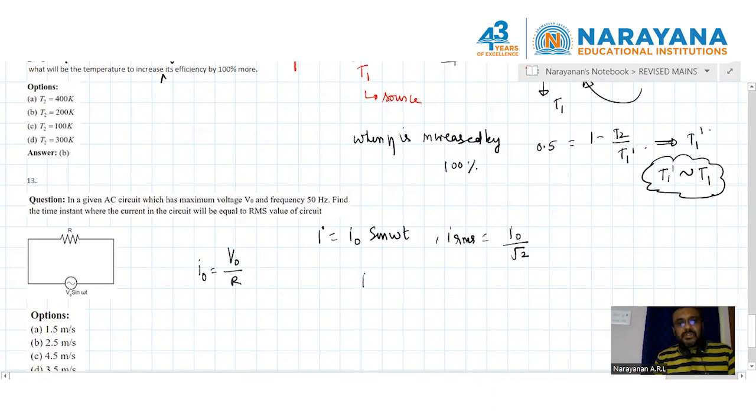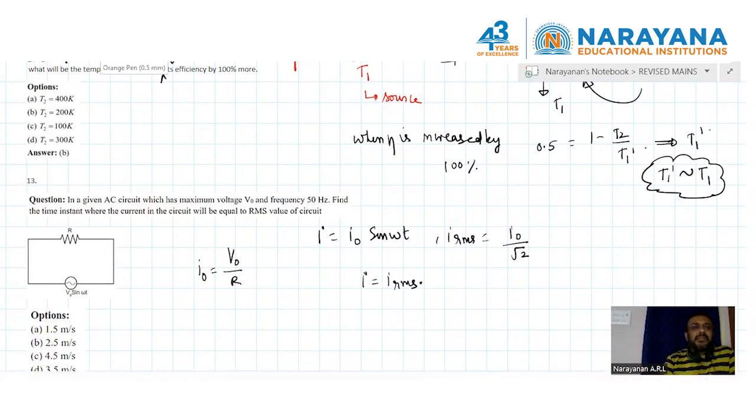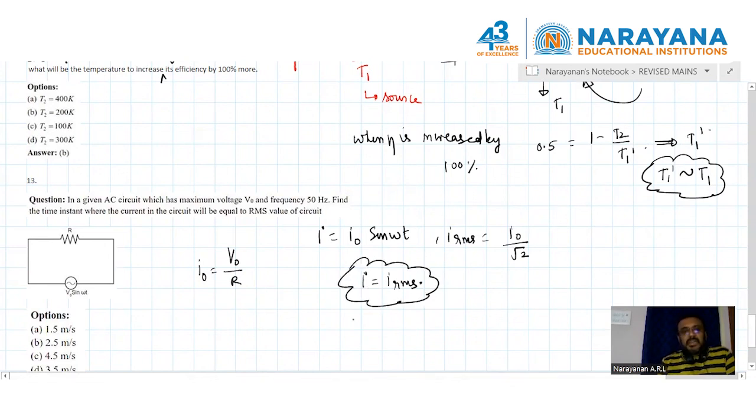So we need to calculate the time instant, the time when I will be equal to IRMS. Equate I equal to IRMS. And you know the value of omega, you can take it as 2 pi f. Now you can solve it for time t. The units should be time.